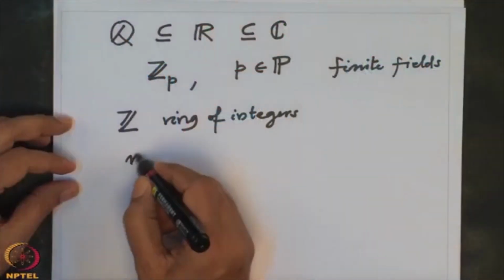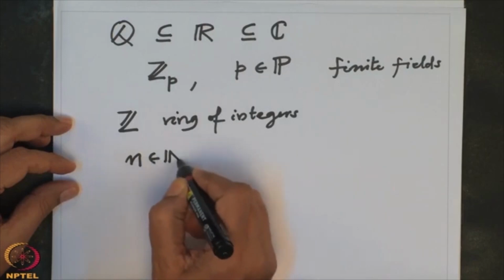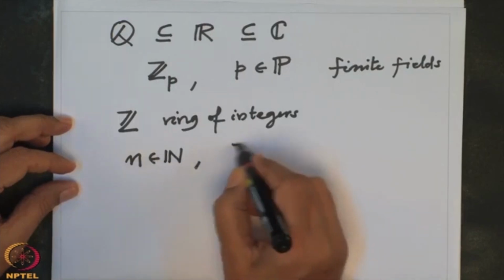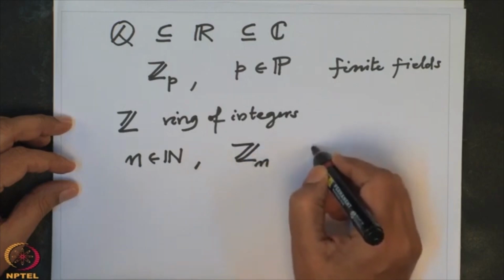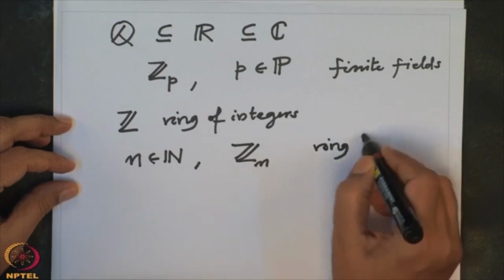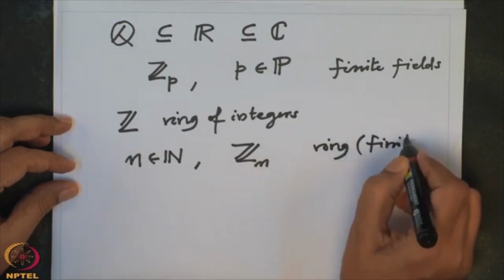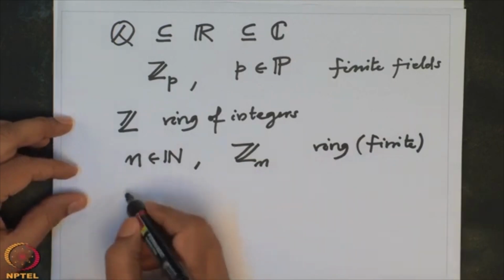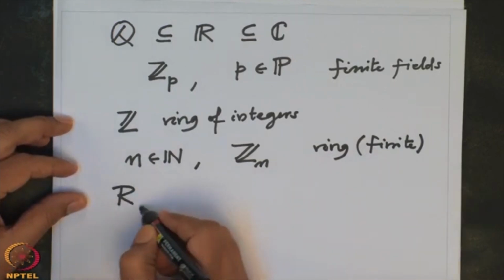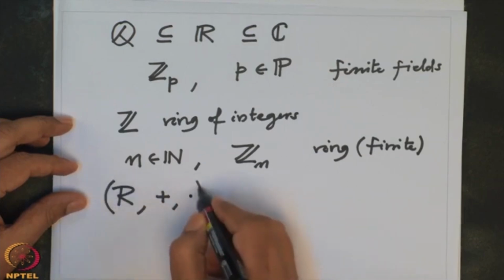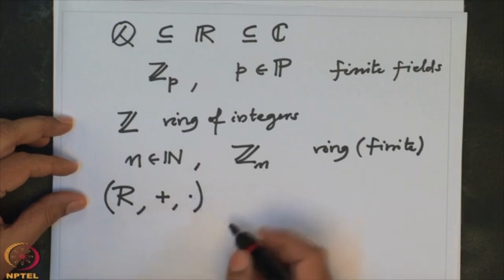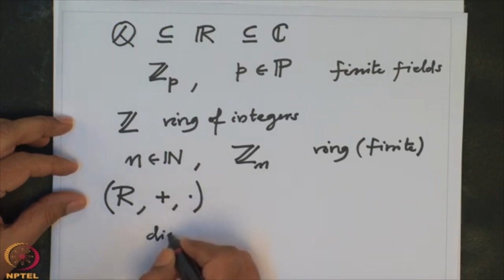So first of all, if I take instead of P any natural number n, like last time also, this Z modulo n is also a ring. It's a finite ring. So in general, when one says R is a ring, that means R is a set and it has two binary operations, addition and multiplication, and these multiplication and additions are connected by distributive laws.